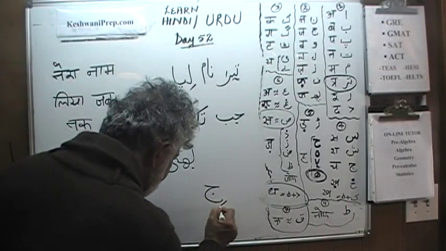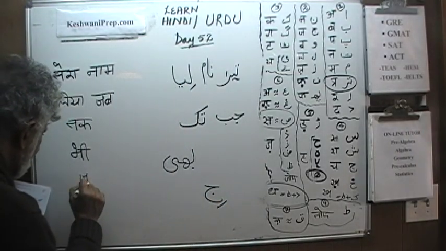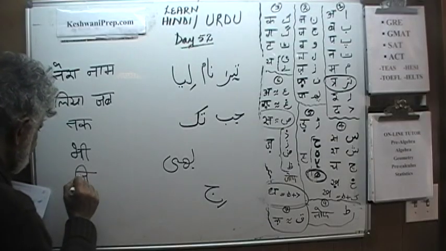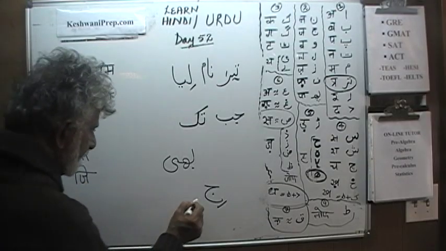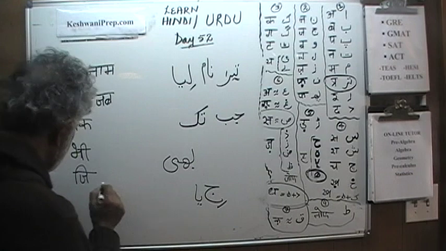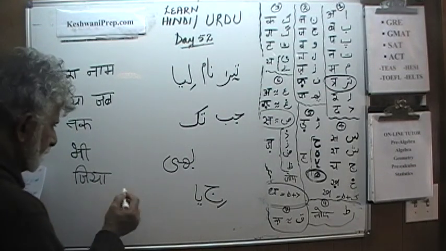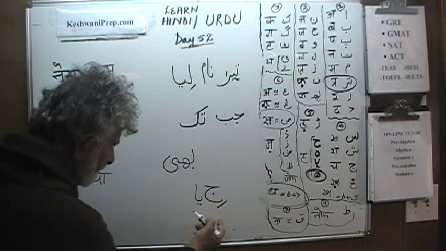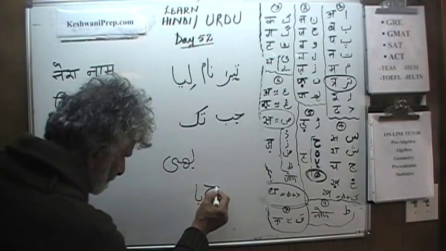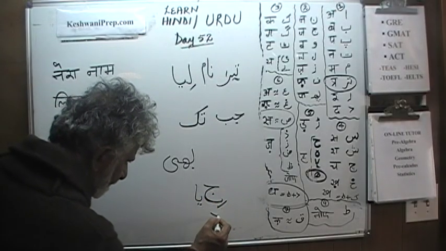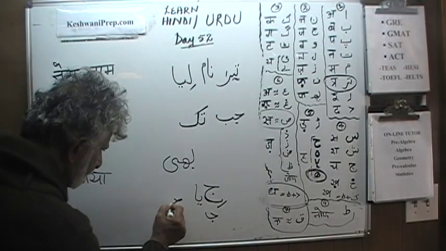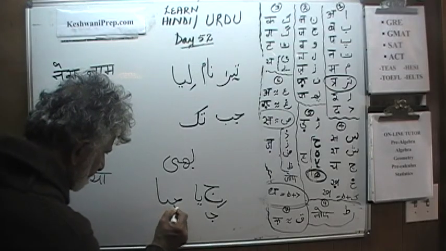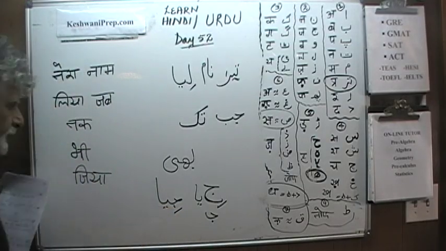Jeem with a choti e ki matra, and another ya. Jiya. And put together, when ja is put together, it looks like this. G, ya. This is ja, G, ya.